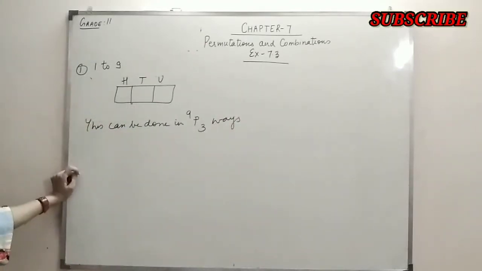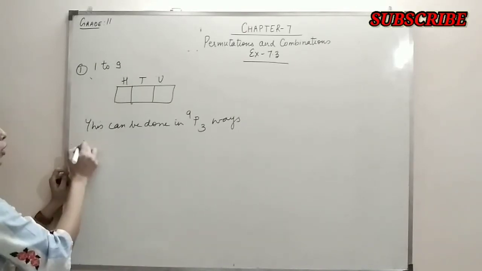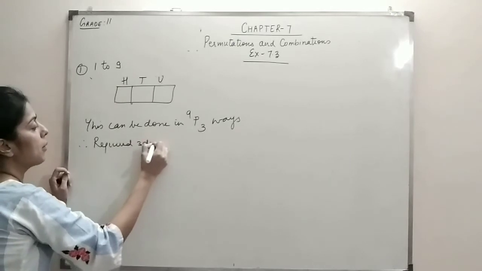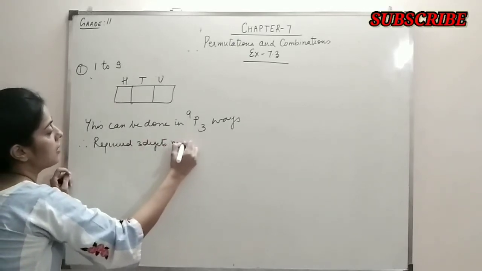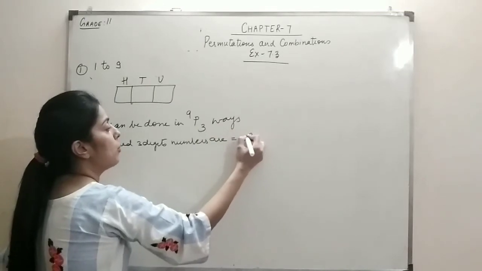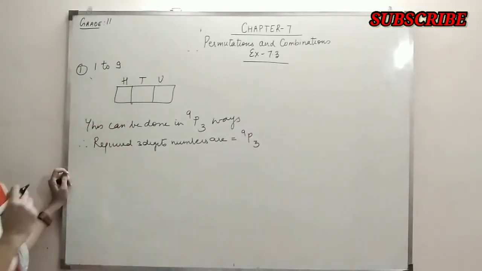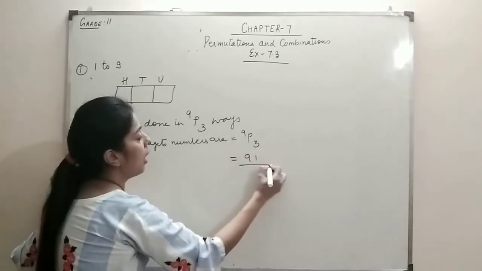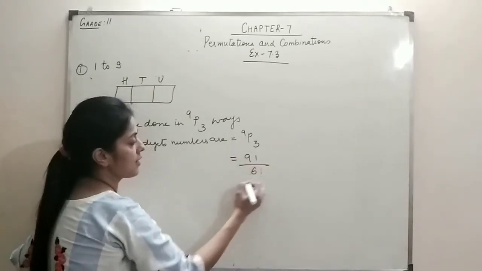So the required number of 3-digit numbers is permutation 9 3. Just solve it. That is 9 factorial upon (9 minus 3) factorial, 6 factorial.